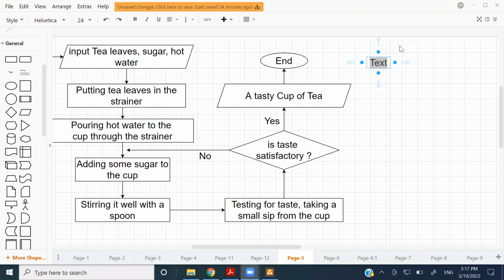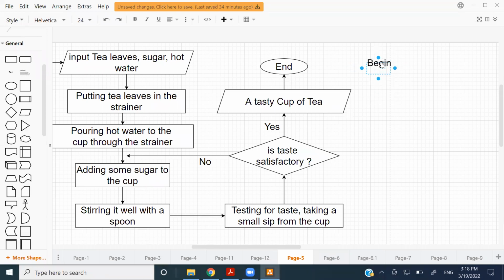Then it will be much easier for you to follow. So here I'm going to make it happen. So first of all, it's the begin. Right? So begin happens. Then this particular step, right?